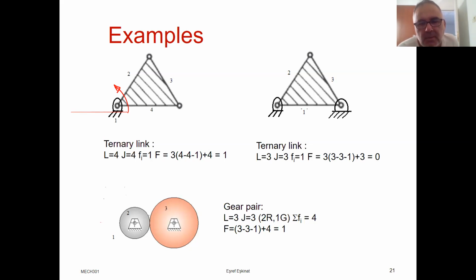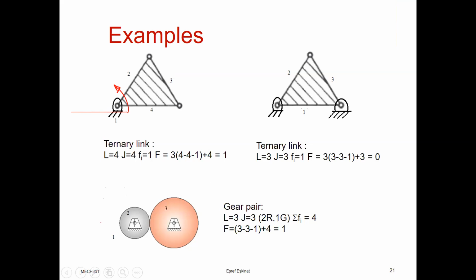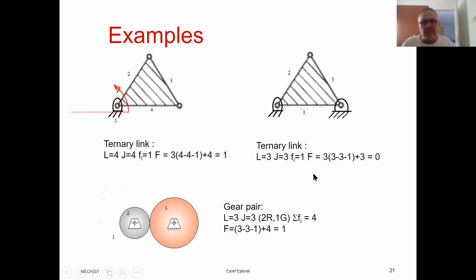Whereas here, if you have this link now, if you ground it, what happens? Now something interesting happens here. If you have grounded the link 1 now, it is the ground now. So 1, 2, 3, you have 3 links. How many joints do you have? 1, 2, 3 now. Okay, it's not 4 anymore.